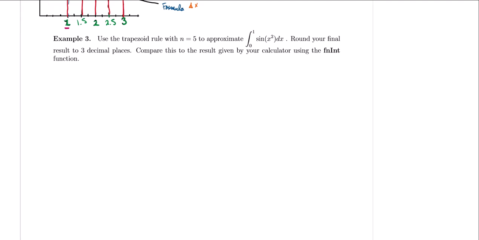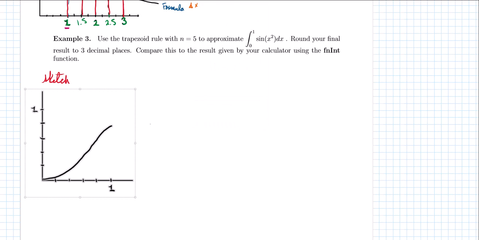Alrighty, so for this one here, I'm going to go ahead and begin with a sketch. Now this one here, you can go to our calculator to see how it looks, but this is a sketch similar to what I got. Okay, alrighty, so let's go ahead and create our subintervals. Now we do want equal width, so our delta x is going to be equal to b minus a all over n.